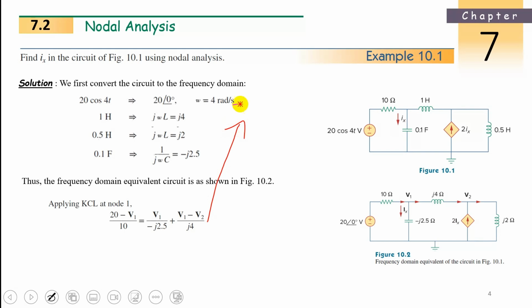Take this side, this is 20. You can take 20 to this side and V1 also to this side.